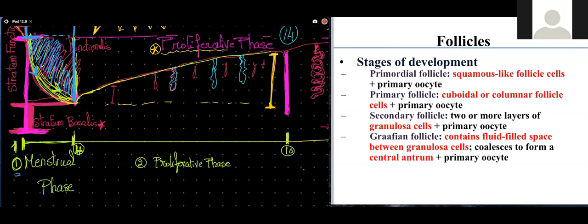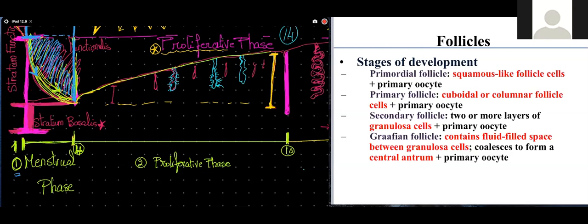Again, what happens in the proliferative phase? I'm stimulating the stratum functionalis to build up vessels, to build up glands, and the estrogen is actually going to be adding receptors for the progesterone. Once it gets released, it is able to conduct its action, stimulating the glands to release their secretions.